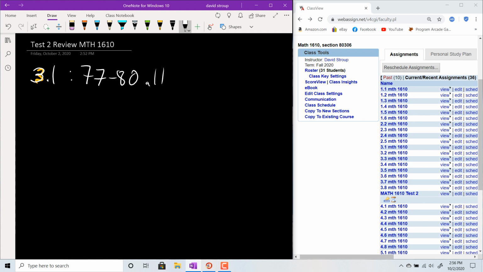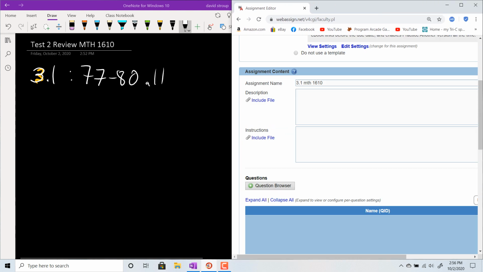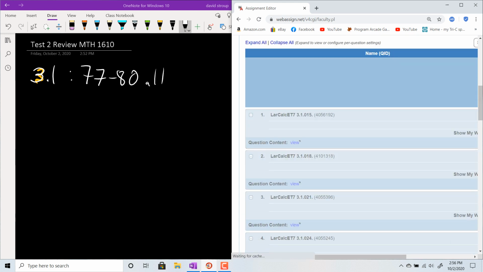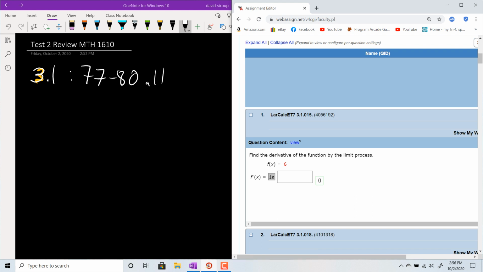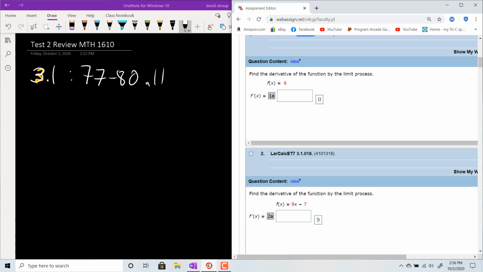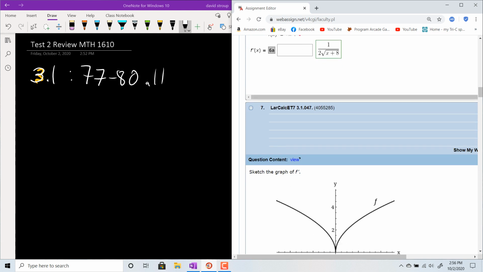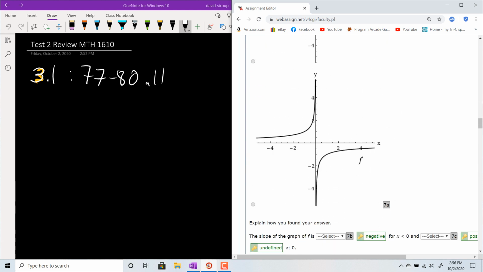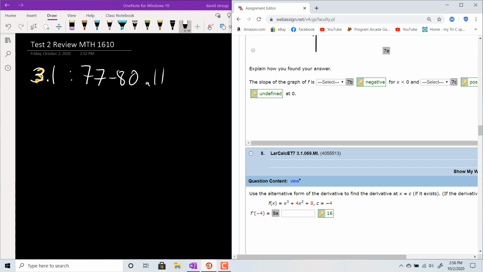If you're using WebAssign, you'll be able to tell which questions are 77 to 80 from the book by looking at this little number after it says LarCalcET7 3.1.015. That's question 15 in 3.1.